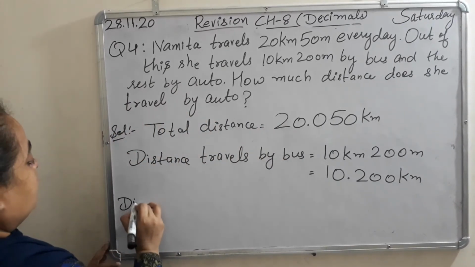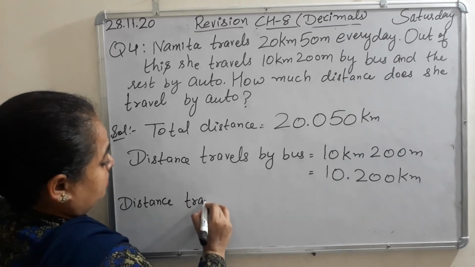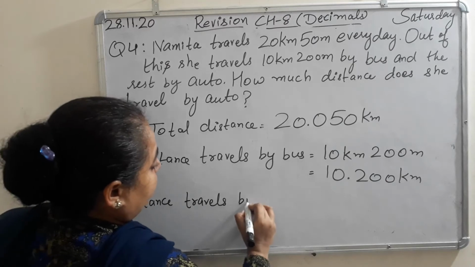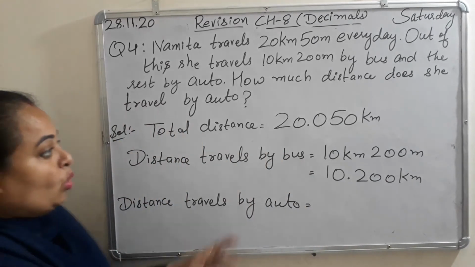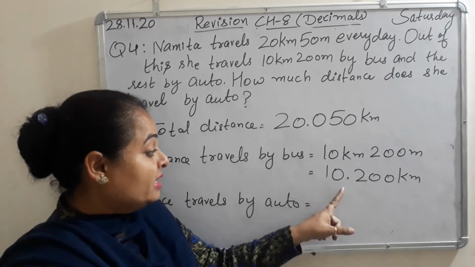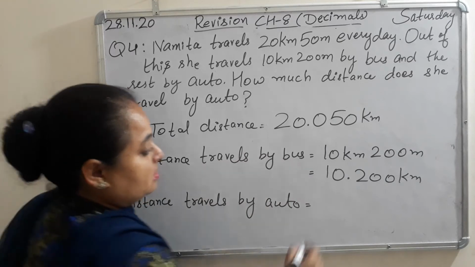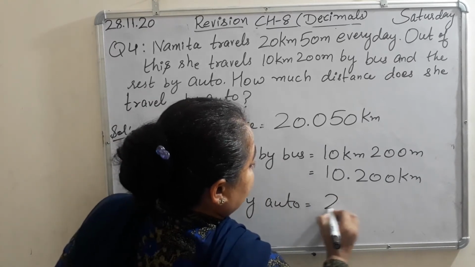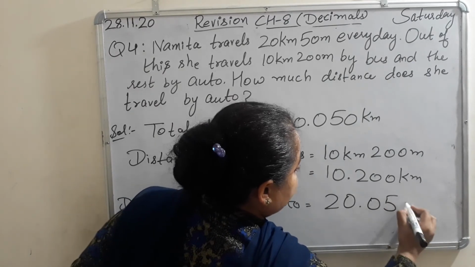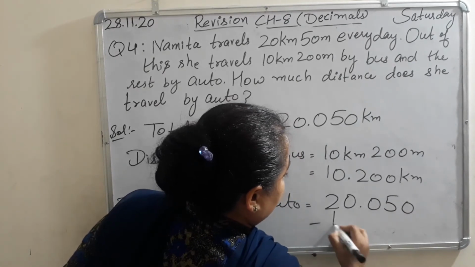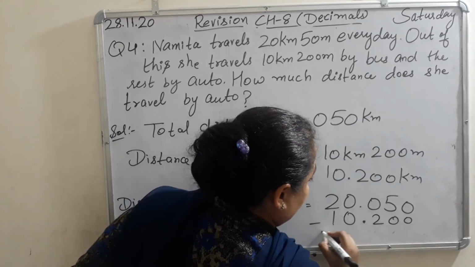Next is distance traveled by auto. Total distance minus distance traveled by bus. Total distance is 20.050 minus 10.200.